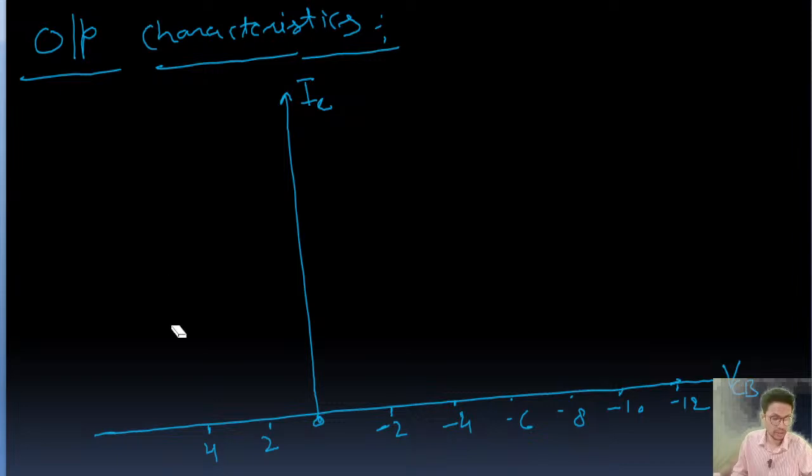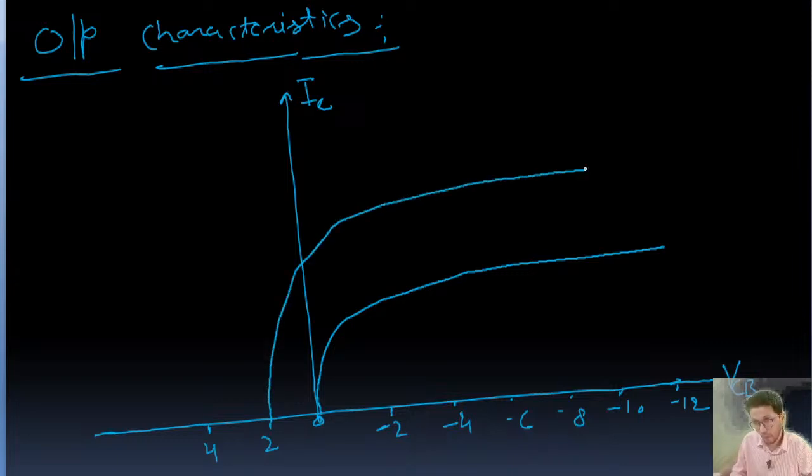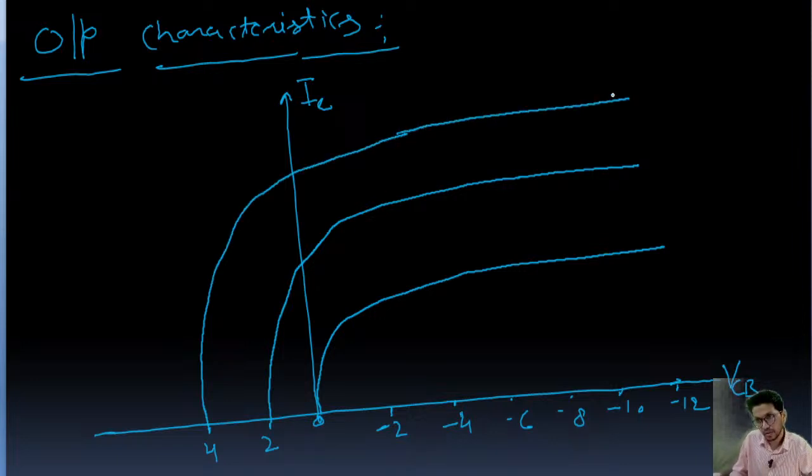If we draw the graph, it is going to be like this. This is the graph, guys. This is the output characteristics, IC versus VCB.